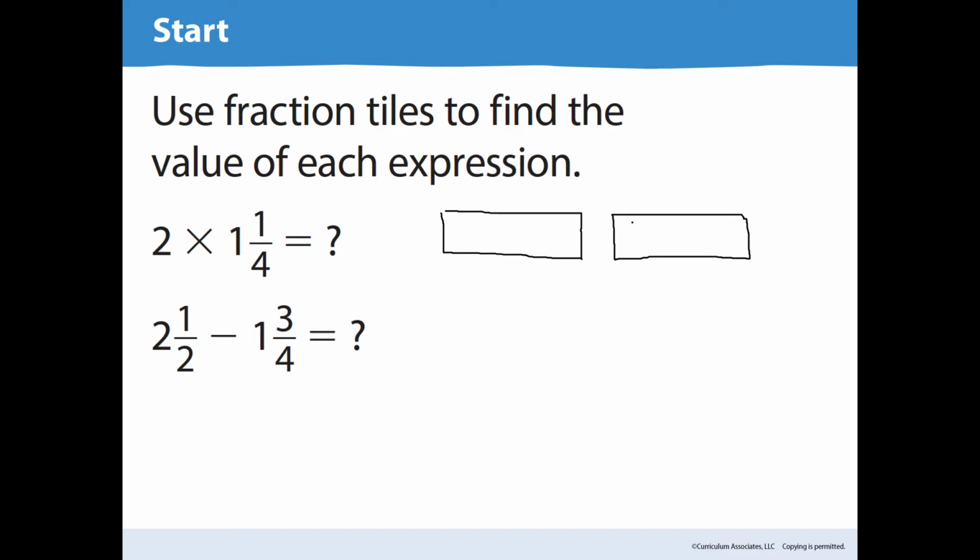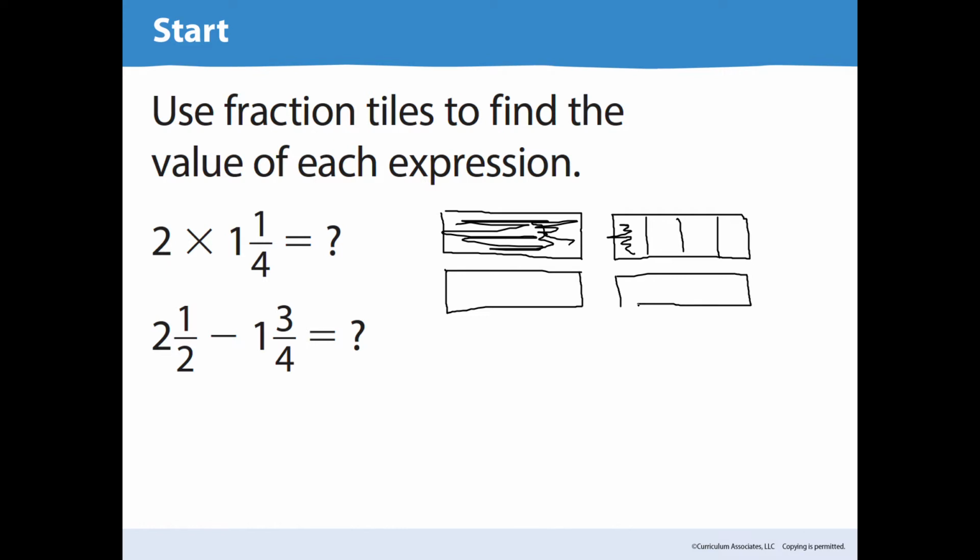So there's the 1 1/4, and we have 2 of them. So there's another 1, and we'll make another 1/4. Right there. Okay.